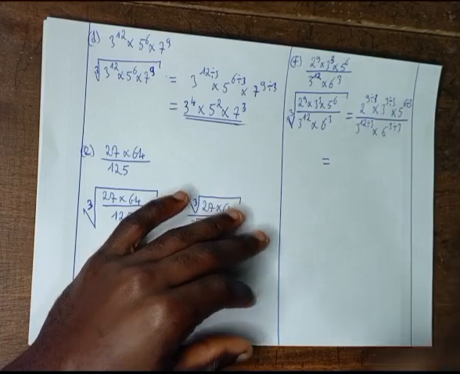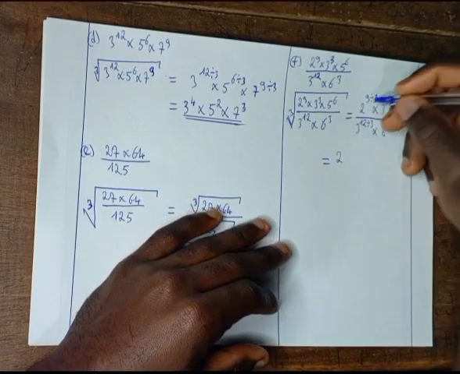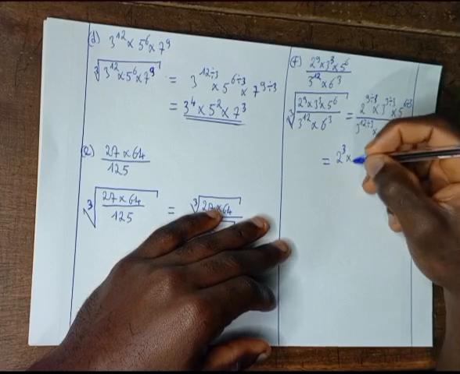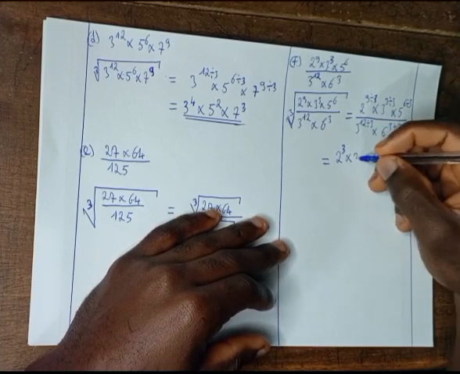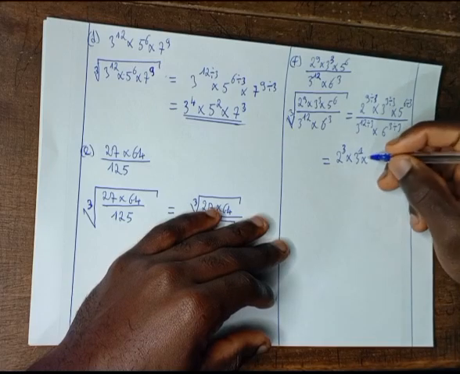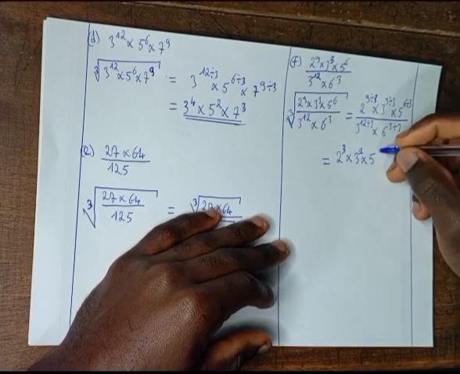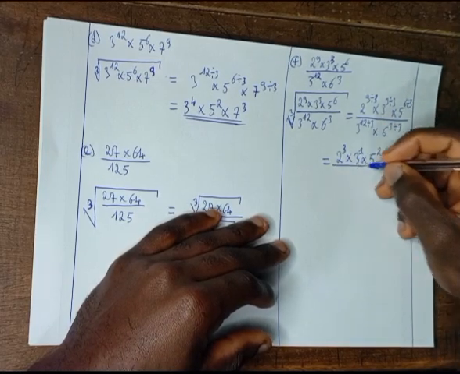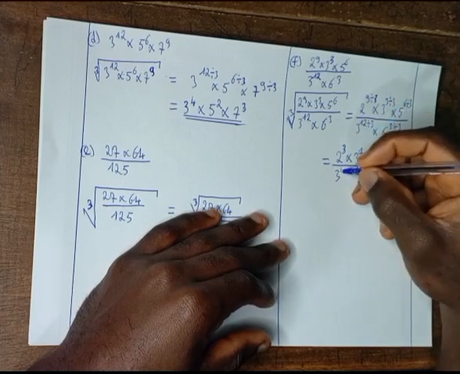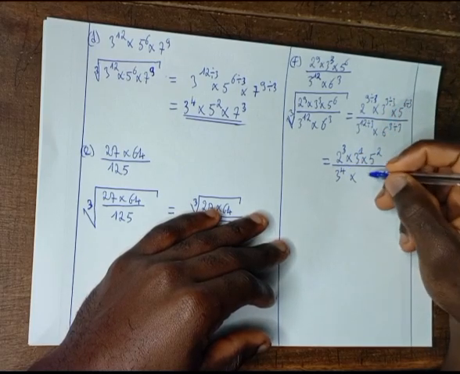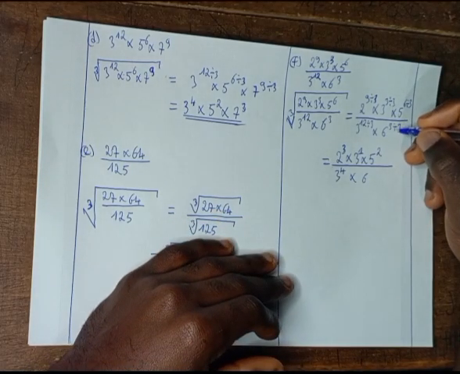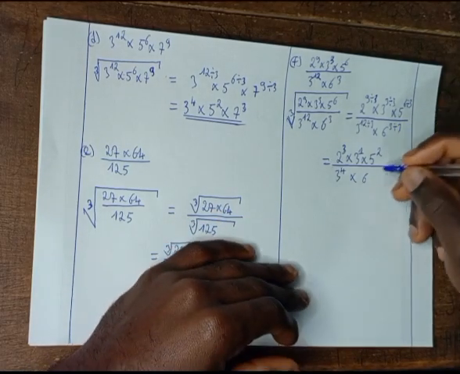So this will simply be equal to 2 raised to the power 9 divided by 3 gives us 3 times 3 raised to the power 3 divided by 3 gives us 1 times 5 raised to the power 6 divided by 3 gives us 2 all over 3 raised to the power 12 divided by 3 gives us 4 times 6 raised to the power 3 divided by 3 gives us 1.